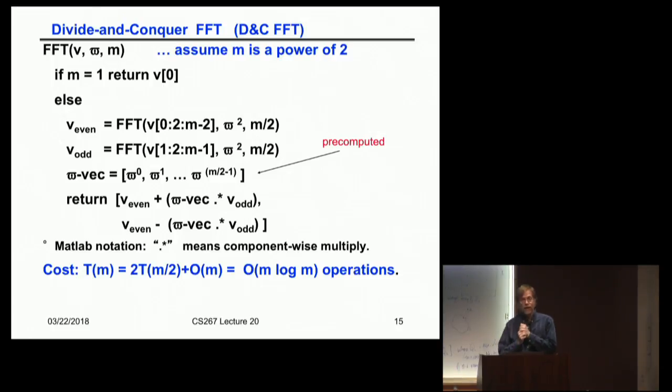And there's an interesting story about how this came to be known. There was a meeting in Washington of the Defense Science Board in the early 60s. And one of the people at the meeting was Richard Garwin, who was from IBM Yorktown Heights, and he was saying that IBM was spending all this time doing this very, very special matrix vector multiply, and did anyone know of a better way to do it?